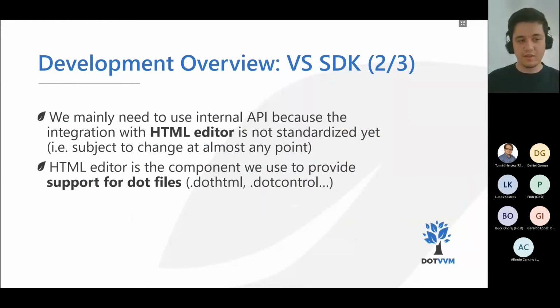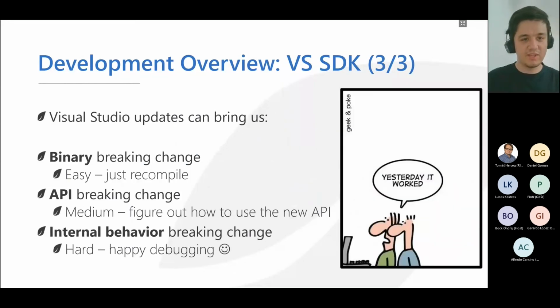And so, what do these updates actually mean to us? If you are wondering, some of them can be really funny. In the ideal world, Visual Studio updates do just nothing, everything works and we can just focus on the new stuff. However, this is not always the case.